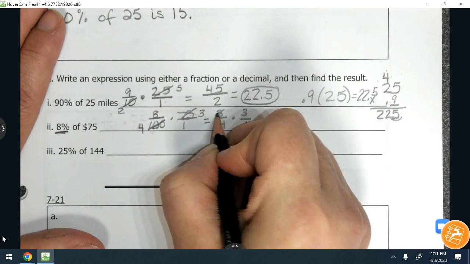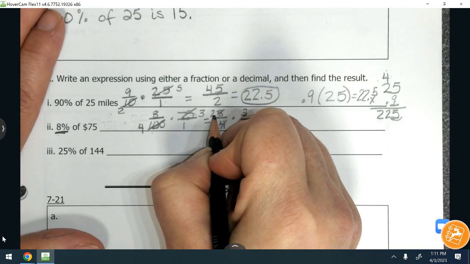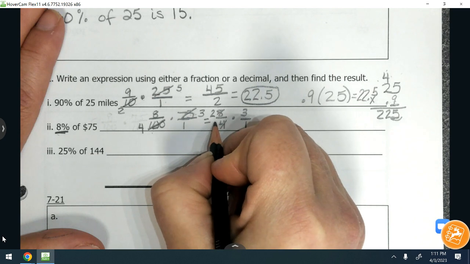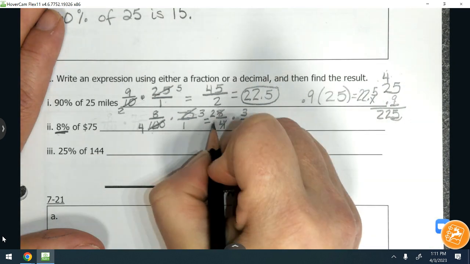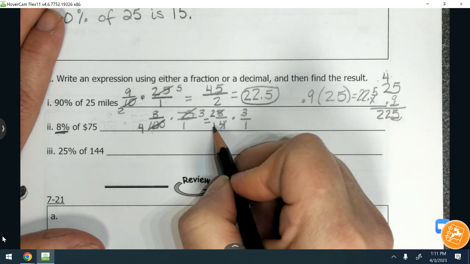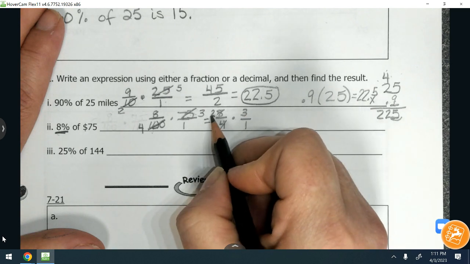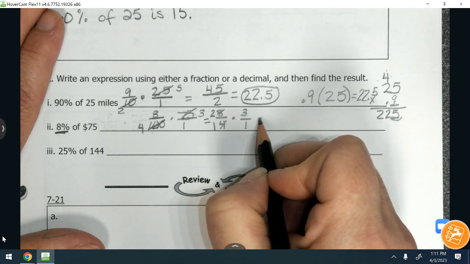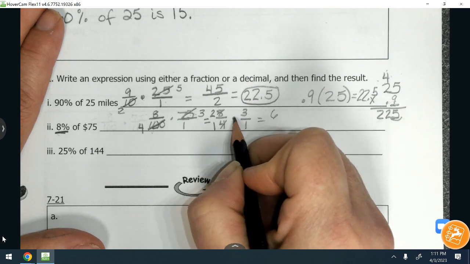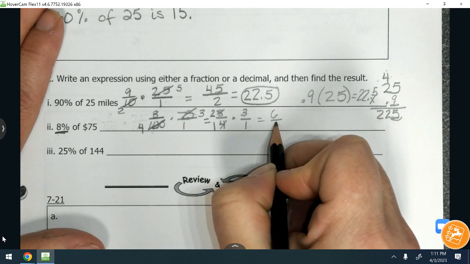So I have a 4 in common, so I can divide by 4. 8 divided by 4 is 2. 4 divided by 4 is 1. So now I have 2 over 1 times 3 over 1. So 2 times 3 is 6. 1 times 1 is 1.